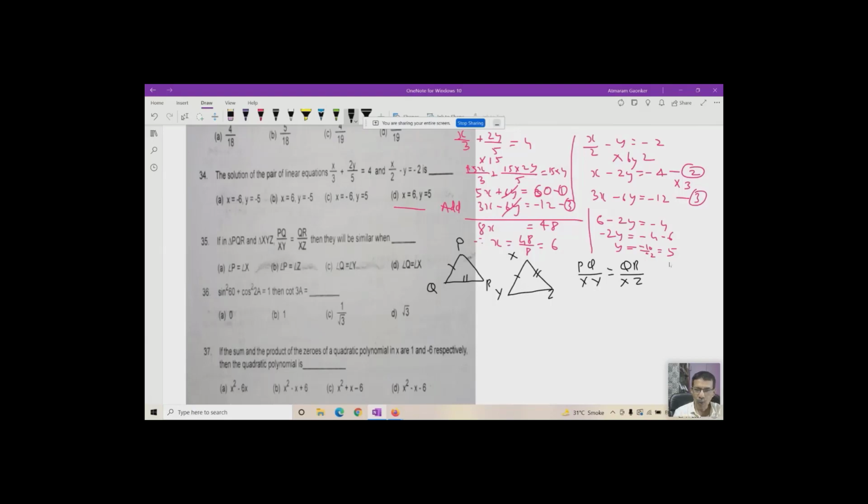For SAS criteria, the ratio of corresponding sides of one pair is equal, and the angle in between those sides should be equal. So one angle is Q between these two sides, and the other angle between these two sides is X. So angle Q should be equal to angle X for SAS criteria. Now what is the correct option? Q is equal to X. So D is the correct option.